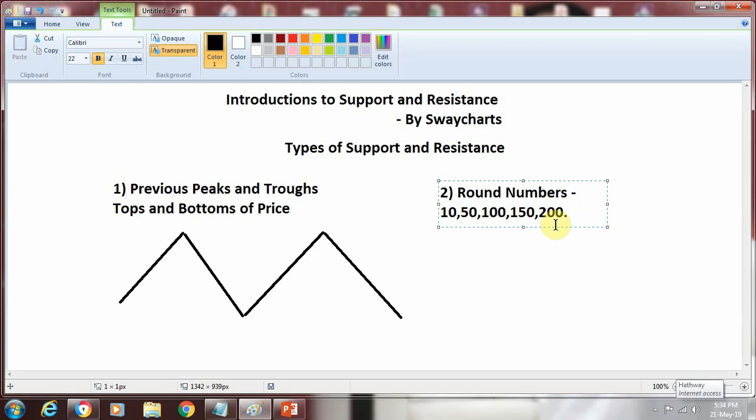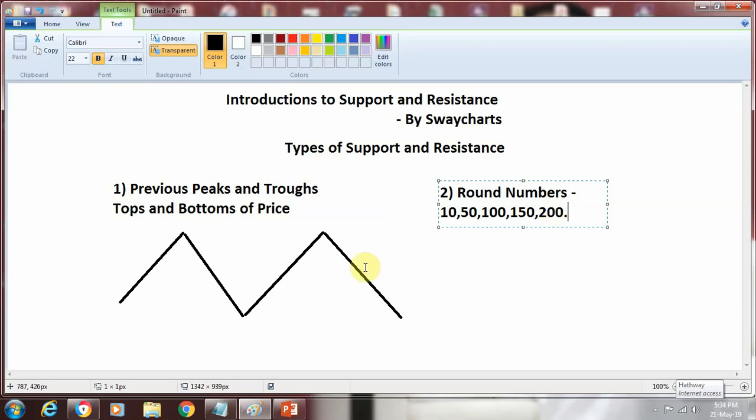Now, when the market was falling in September 2018, the level at which Nifty found support was again the 10,000 mark, right? So that is how round numbers help us define proper support and resistance, right?